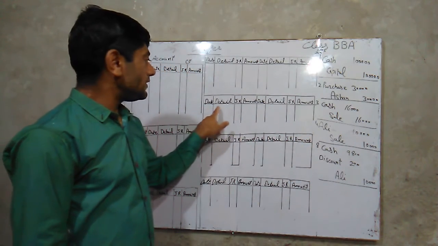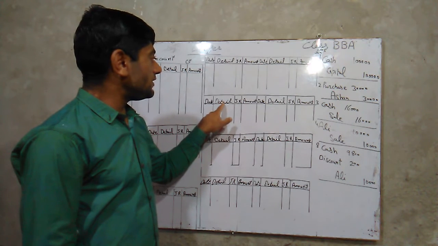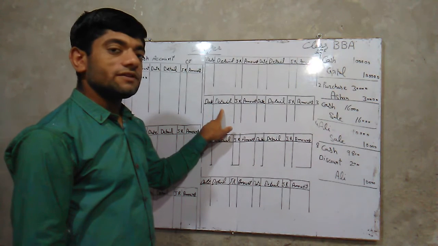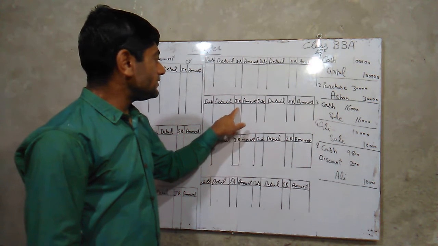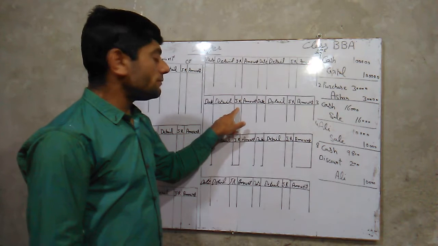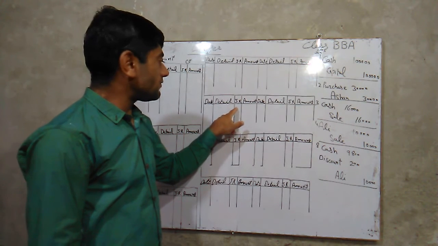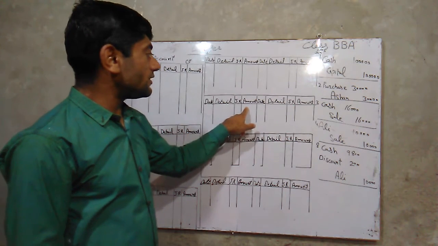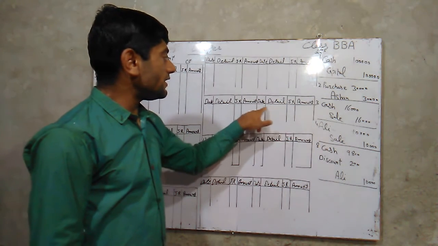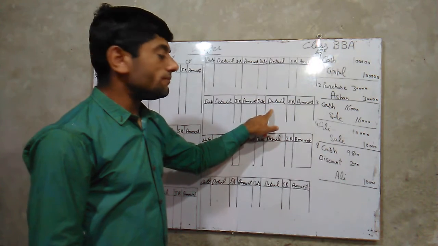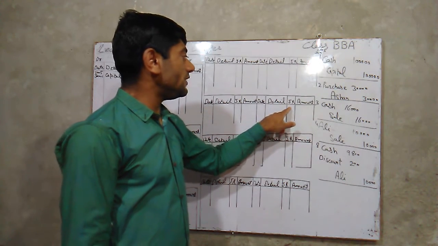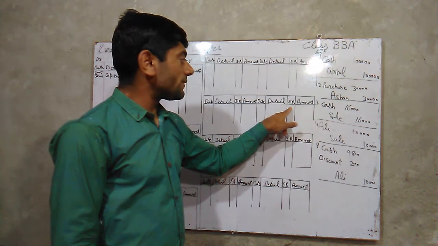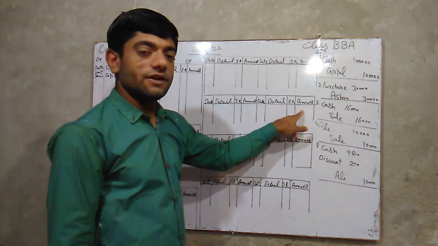Date column, then description, meaning detail; I mention detail here due to limited space. In the detail column we mention the account name, GR or journal book page number where the entry is transferred to the ledger, and the amount of that account. On the credit side, the date, then the account name, GR or journal book page number, and the amount of that account.